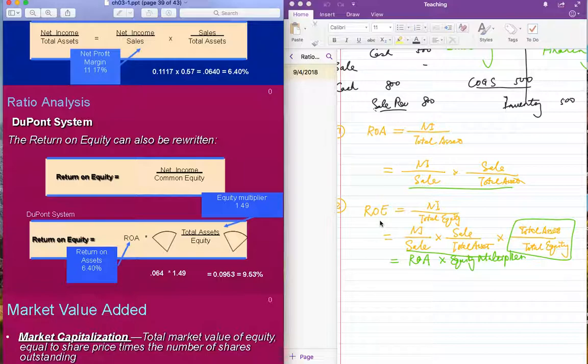So this is the reason why firms like to use leverage or debt. Because once they use more debt, they increase their equity multiplier. So without much effort in increasing their return on assets, they can easily increase their return on equity to meet the needs of shareholders. However, from shareholders' perspective, that's the least we want to see.